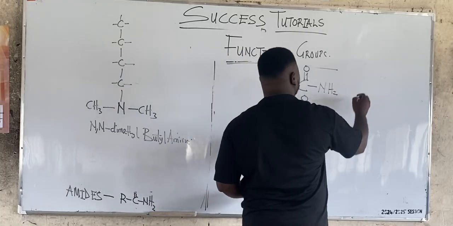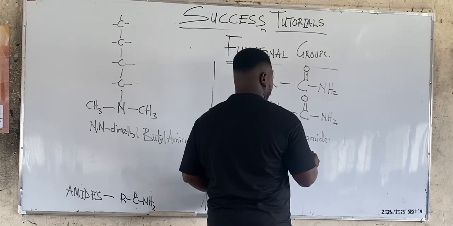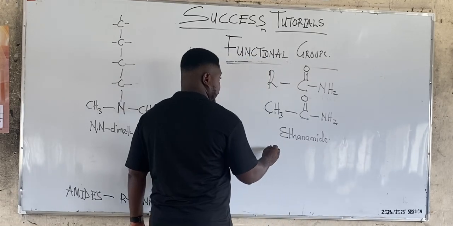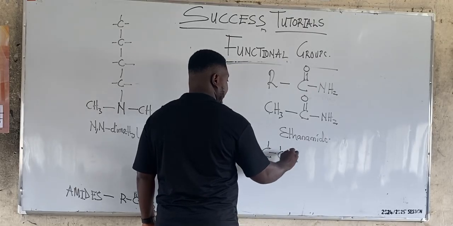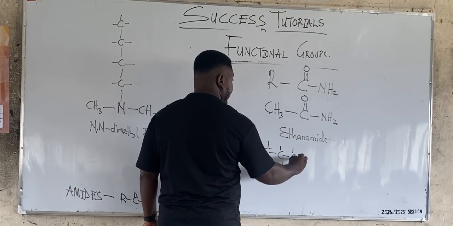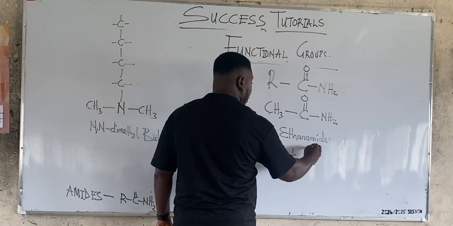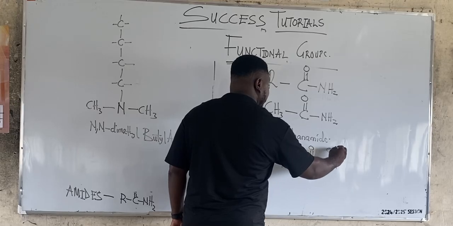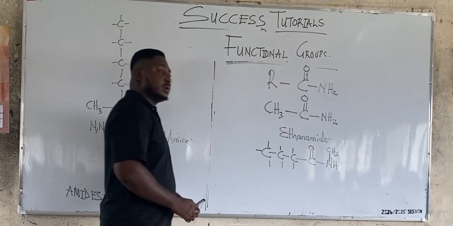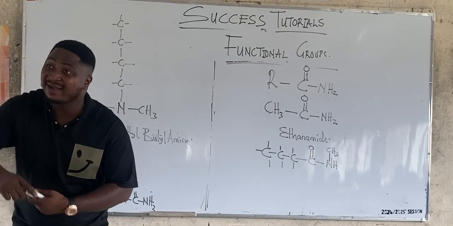So we are going to have one, two, three, C double bond O. Now this N, instead of NH2, I just have NH. One of the hydrogens has been replaced with CH3, an alkyl group.